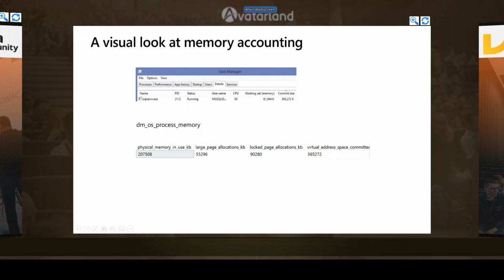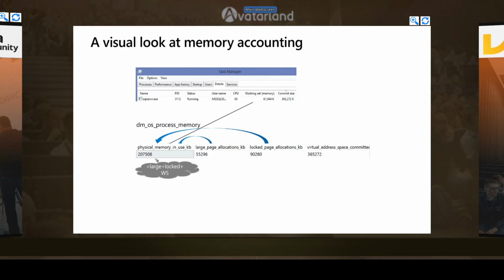This is a case where the locked model is being used, locked pages. So first of all, the physical memory in use column is a combination of the working set plus locked pages plus large pages. So in this case, the locked page privilege is being set and large pages is getting used at a smaller level.